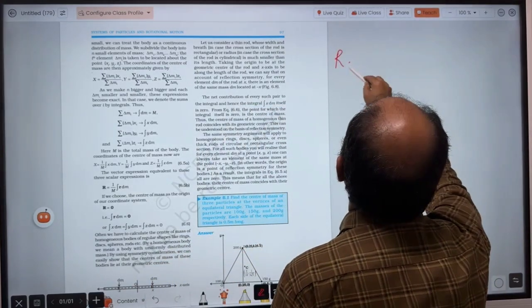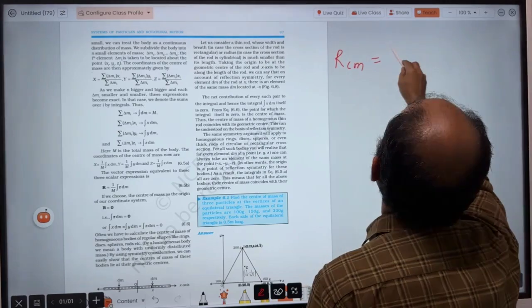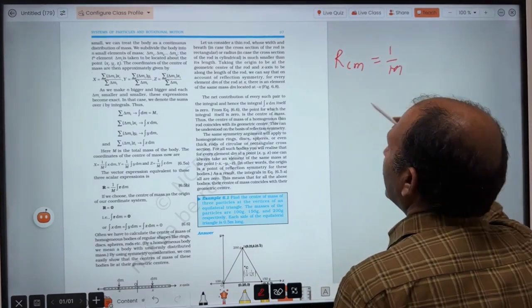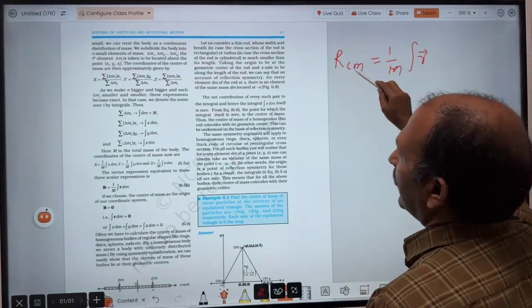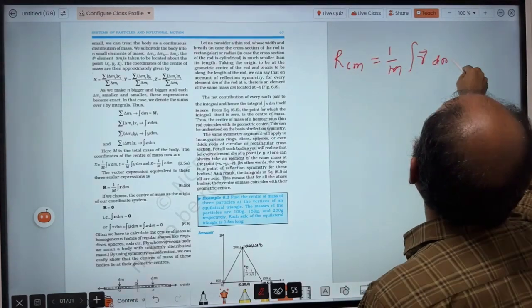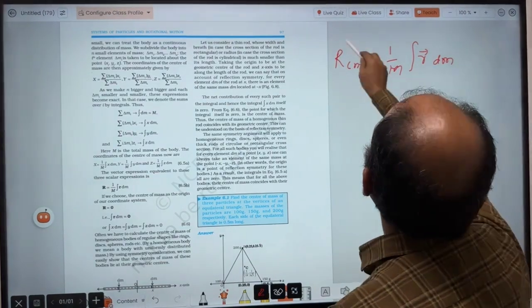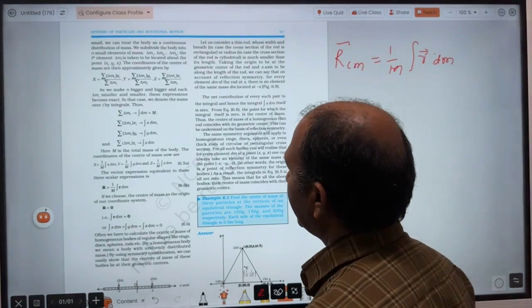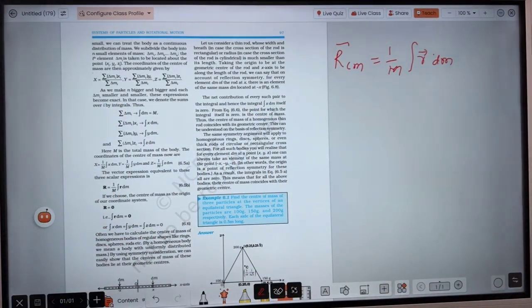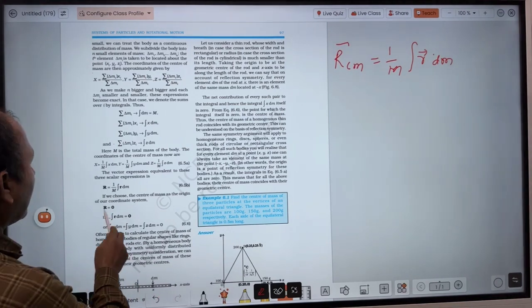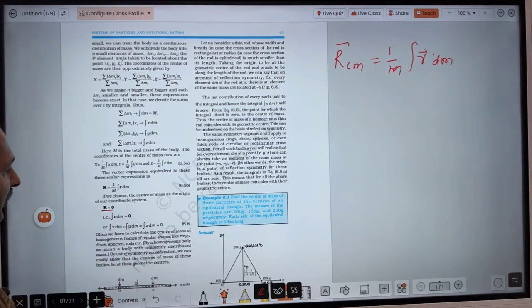So we say RCM can be written as 1 upon M times integration of r dm. So this is vector, this is vector. And again, if we choose the center of mass as the origin, in that case r will be 0, so integral of r dm will be 0. So in that case integral of x dm, y dm and z dm will become 0.